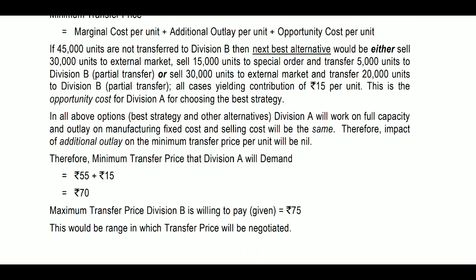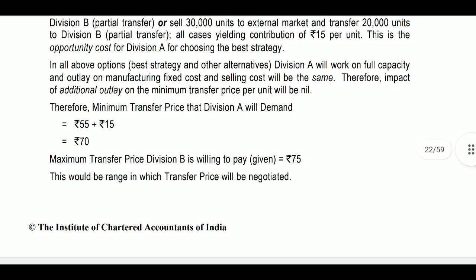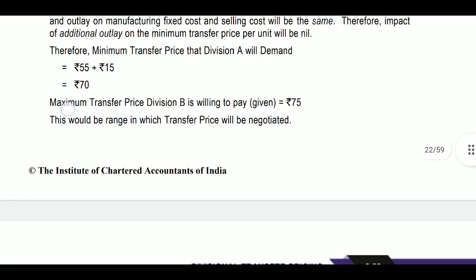What is this 15? That is the contribution we lost if we go for others. And what is the 55? That is the variable manufacturing cost we provided. So 55 plus 15 rupees contribution is 70 rupees. Maximum transfer price division B is willing to pay will be 75 rupees. So this would be the range in which transfer price will be negotiated.